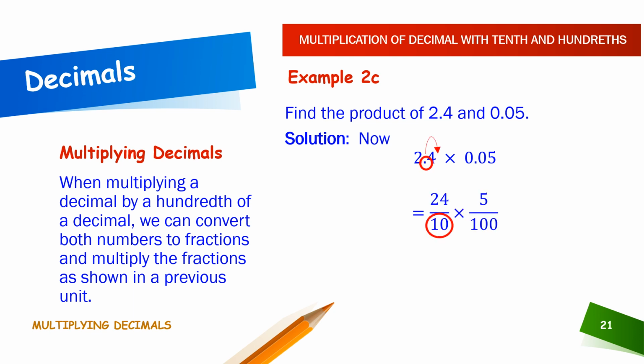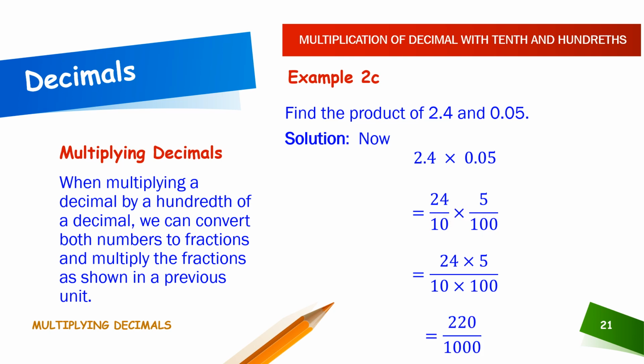2.4 becomes 24 over 10, and 0.05 becomes 5 over 100. Again, multiplying the numerator by the numerator gives 24 times 5, and multiplying the denominator by the denominator gives 10 times 100.